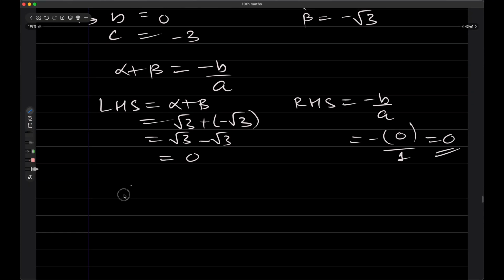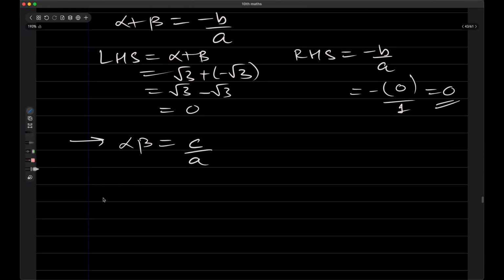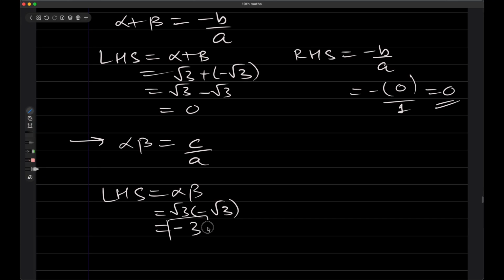Now the product of zeros of polynomial, that is alpha beta, is c divided by a. Alpha is root 3, beta is minus root 3, that is equals to plus into minus is minus, root 3 into root 3 is 3.